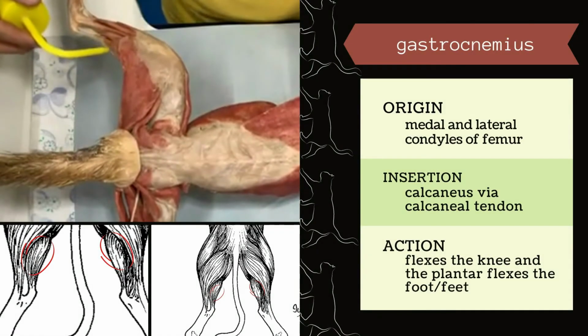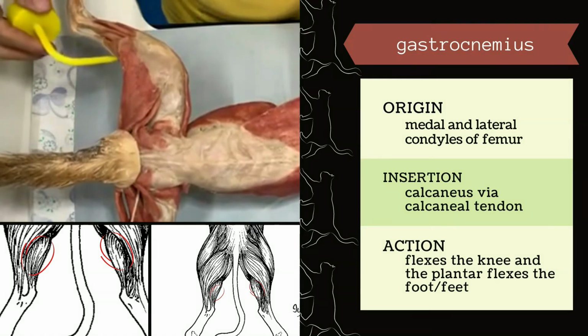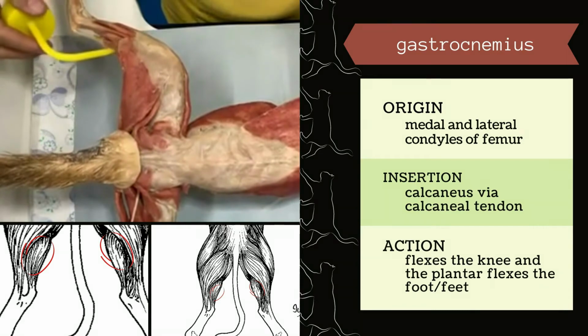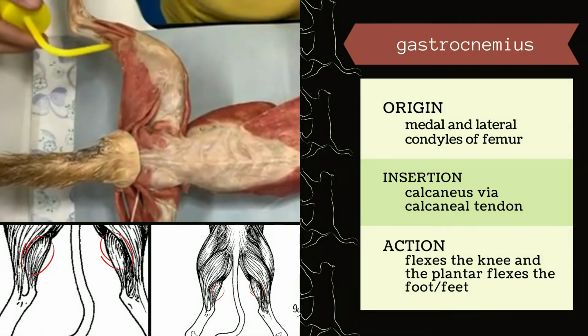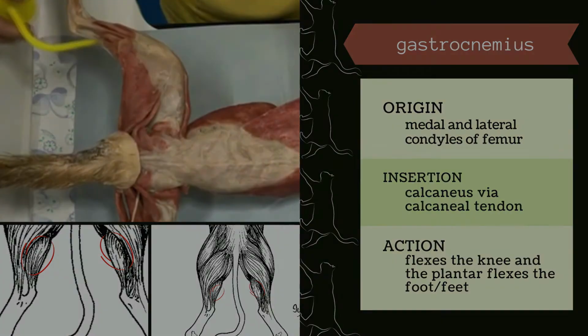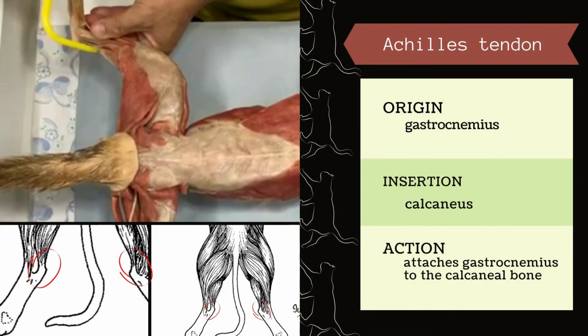This is the gastrocnemius. It originates from the medial and lateral condyles of the femur. It inserts into the calcaneus via the calcaneal tendon. Its action is to flex the knee and plantar flex the foot. Achilles tendon. It originates from the gastrocnemius.